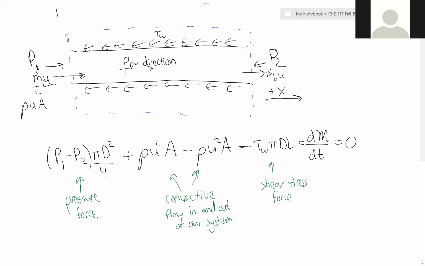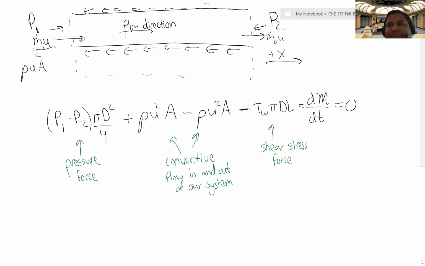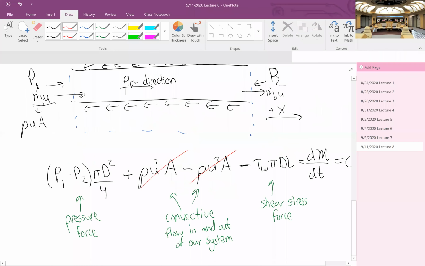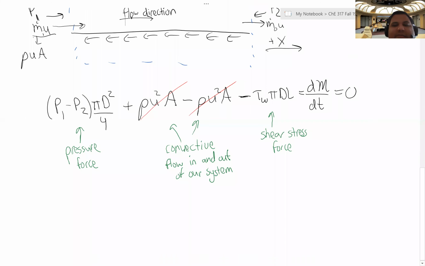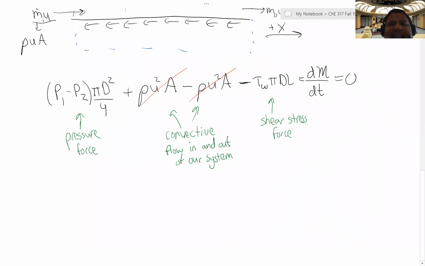Okay. All right, so since my mass flow in and mass flow out are the same, there's no resulting change in momentum by flow, which we should kind of expect, which means that in order for this system to not move, the shear stress and the pressure difference or pressure drop have to be related such that these forces balance.